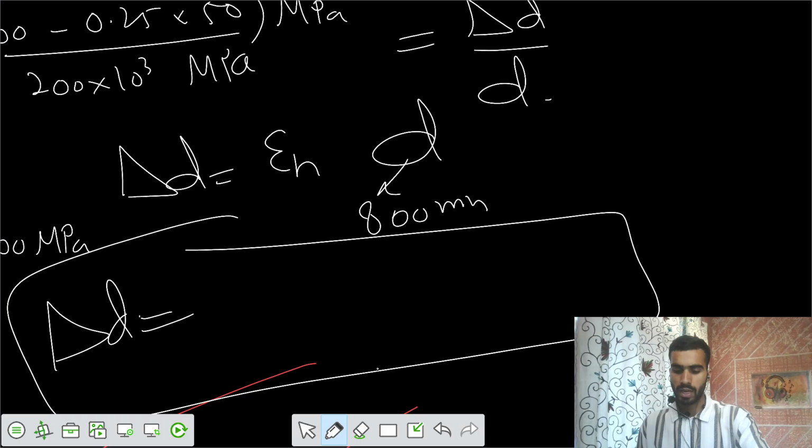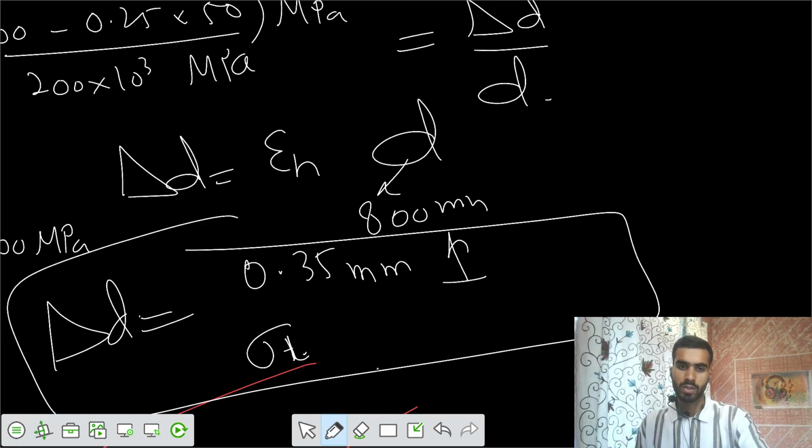So your change in diameter is finally 0.35 millimeter, and it's an increase because your stresses are tensile.